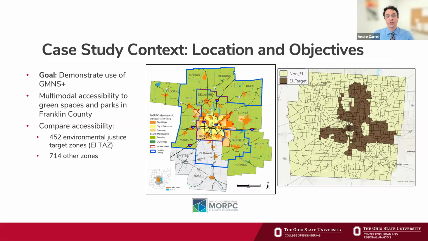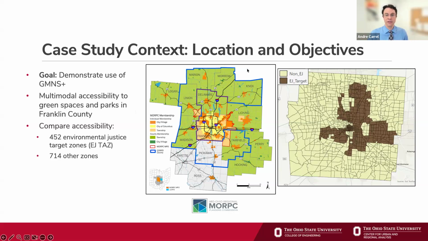And so the specific question that we're looking to answer is about multimodal accessibility to green spaces and parks in Franklin County. Now, Franklin County is the county that the city of Columbus metro area is located in.